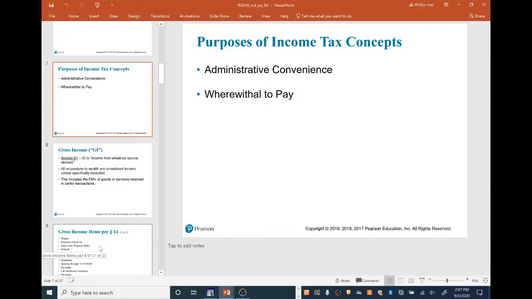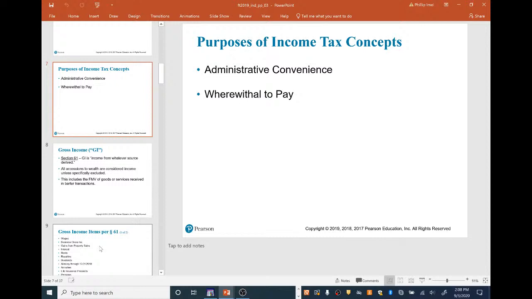So this is going to be the concept of objectivity and administrative convenience to support the tax law selection on income on realization rather than taxing unrealized appreciation. So an example of what administrative convenience is, let's say a piece of land owned by the taxpayer is going to appreciate from $100,000 at the beginning of the tax year to $130,000 at the end of the tax year.